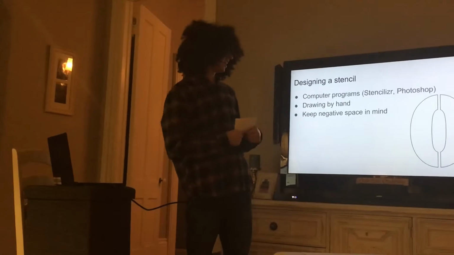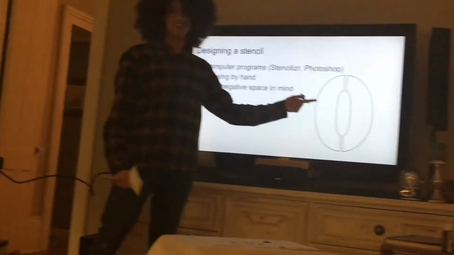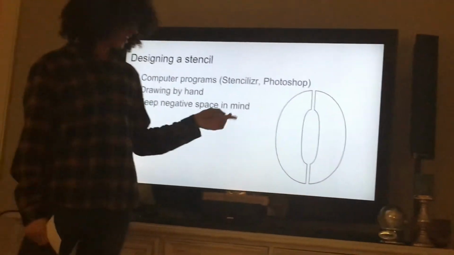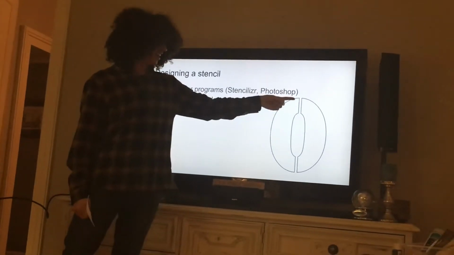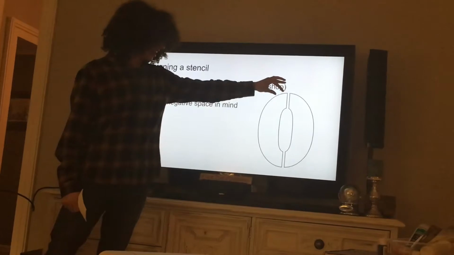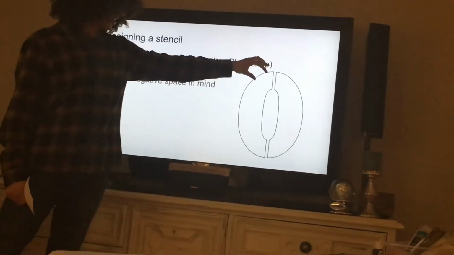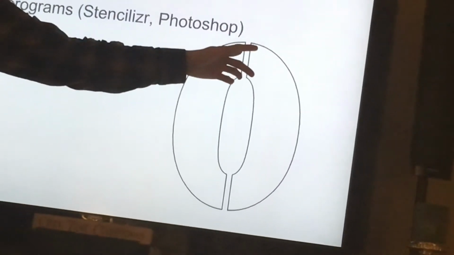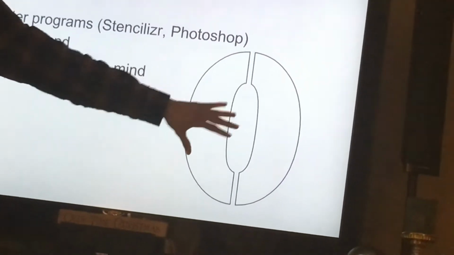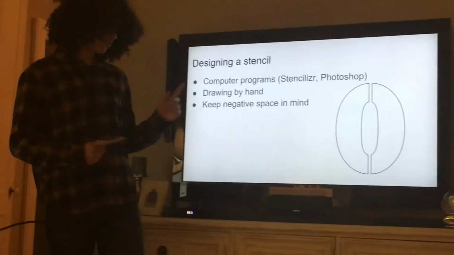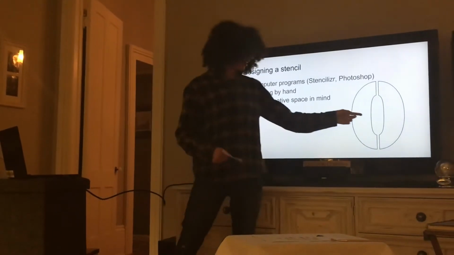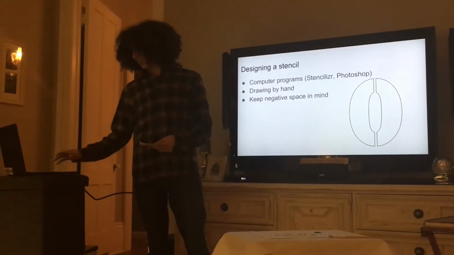So if you are designing something with something in the center, like a circle or a 0 or an O, you're going to need to add bars so that the middle part is there, because if you were to just cut straight through it, it would just be a filled in circle. So it's important to keep negative space in mind when you're designing your stencil. Always add bars if you have something in the center.